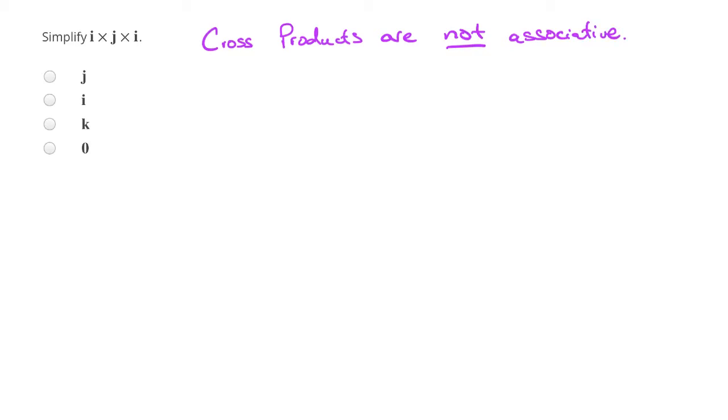And so what that really means is kind of hearkening back to our days in beginning algebra when we had things like addition and multiplication. Well, we could have the associative property of addition, which said it really didn't matter which one that we did first. We could add a and b first and then add c, or we could add b and c first and then add a.